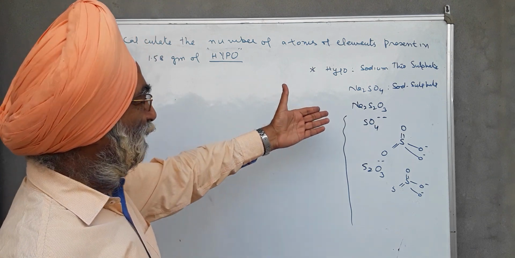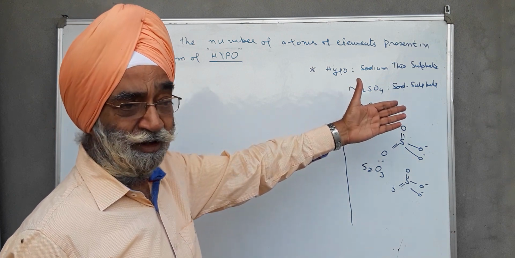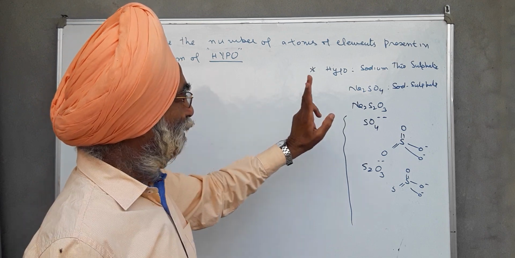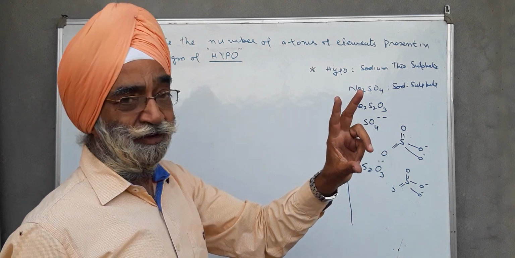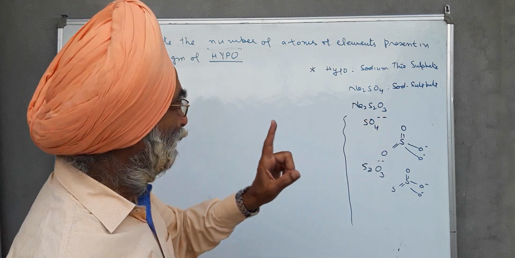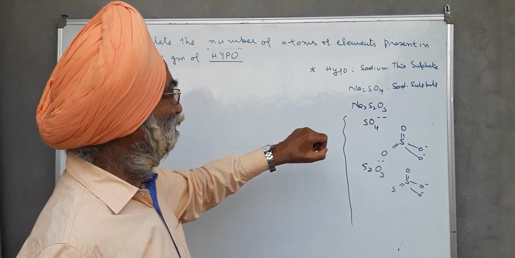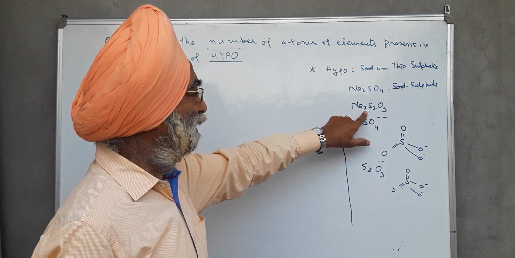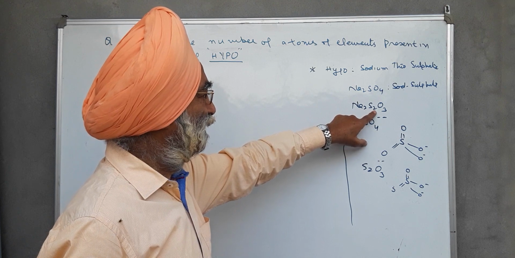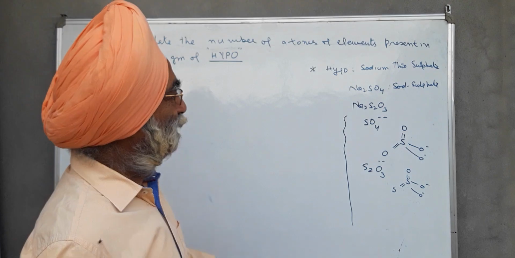You know the atomic weights of sodium, sulfur, and oxygen, so find its molecular weight. The weight is given. You shall find the number of moles. 1 mole of hypo has 2 into Avogadro's number of sodium atoms, 2 into Avogadro's number of sulfur atoms, and 3 into Avogadro's number of oxygen atoms.